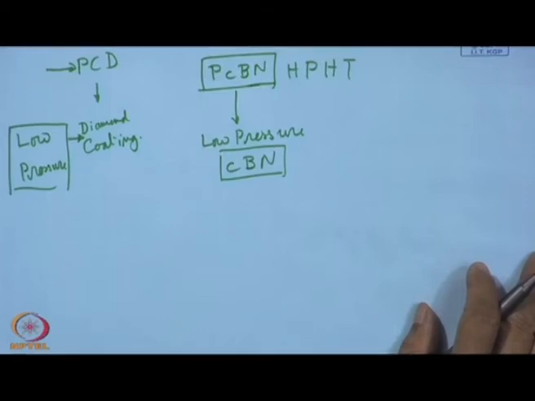Just like TiC, TiN, aluminum oxide, chromium nitride, all sorts of coating which comes like a smooth coating on a substrate surface on a carbide tool.